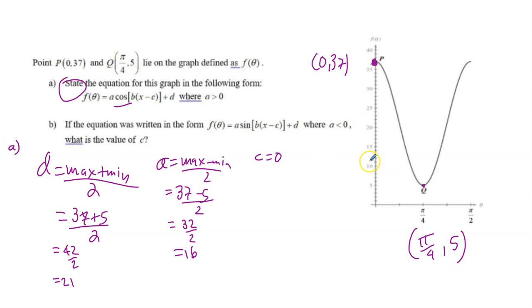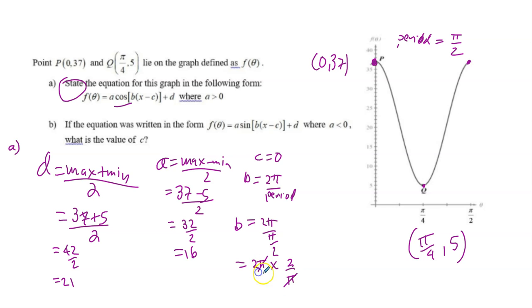And the period, to go from here to here will be one period, so the period is equal to pi over 2. So B is equal to 2 pi over the period, which is 2 pi times 2 over pi, which is 4.